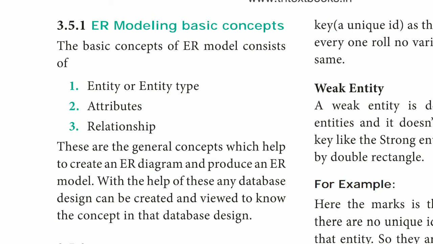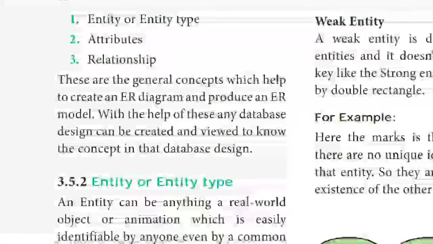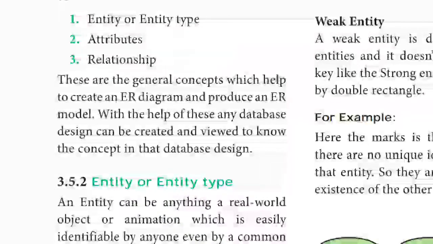These are general concepts which help to create an ER diagram and produce an ER model. With the help of these, any database design can be created and viewed. So if you want to create any kind of database, you can use this ER model, apply the data to it, and you will get an effective database.